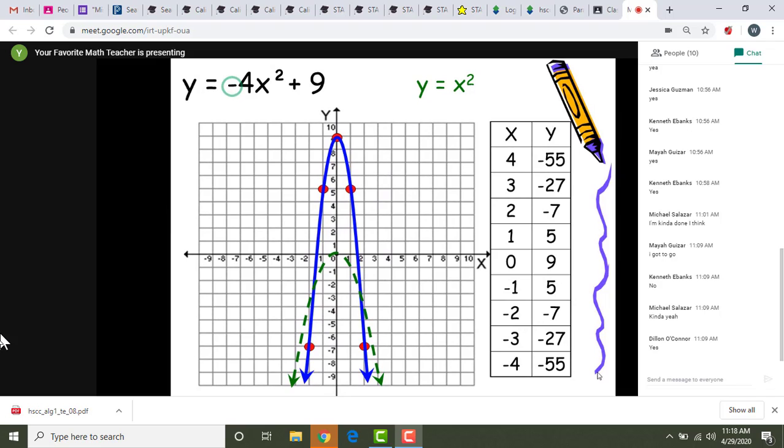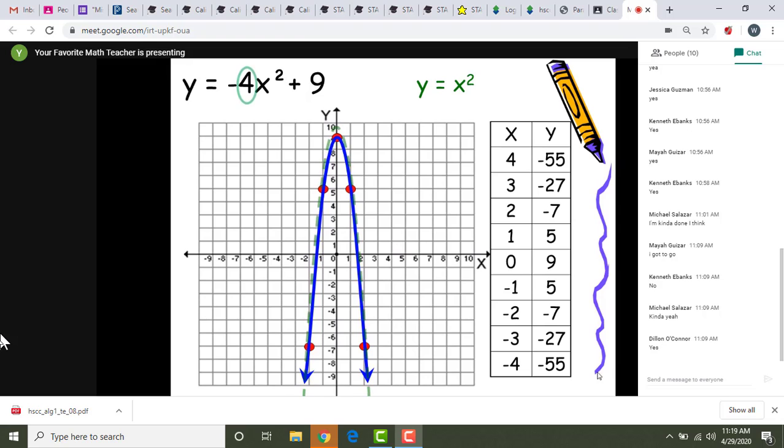Then there was a vertical shift up. That +9 is telling me I have to shift it up. Secondly, even when I shift it up, they are not mapped onto each other perfectly. So that 4 means it's getting skinnier. That 4 made it slim down.